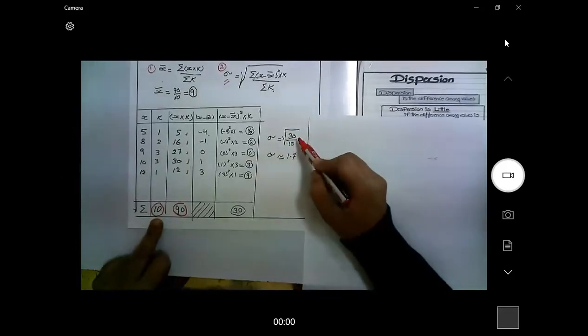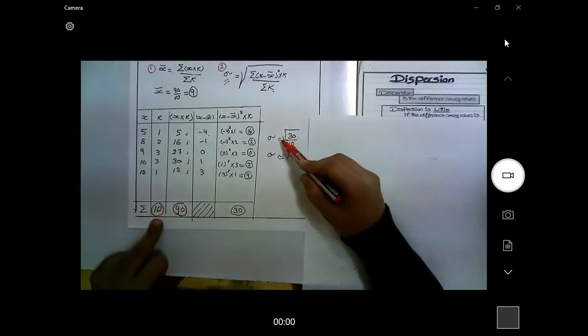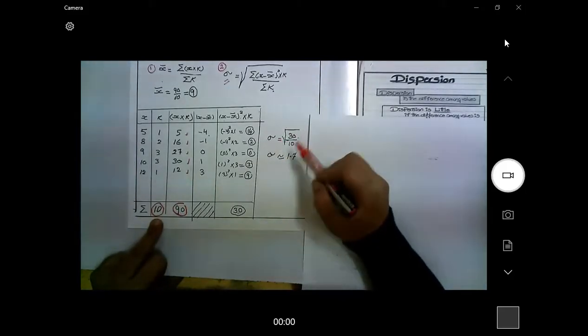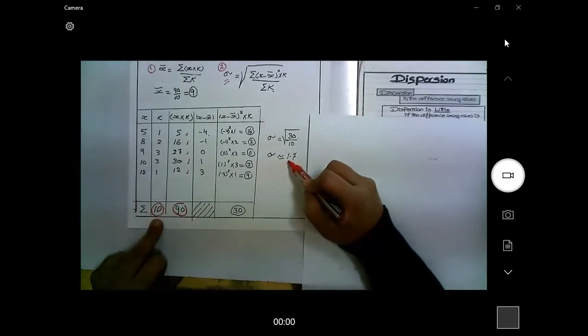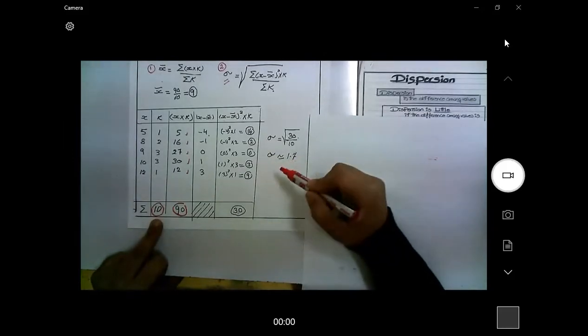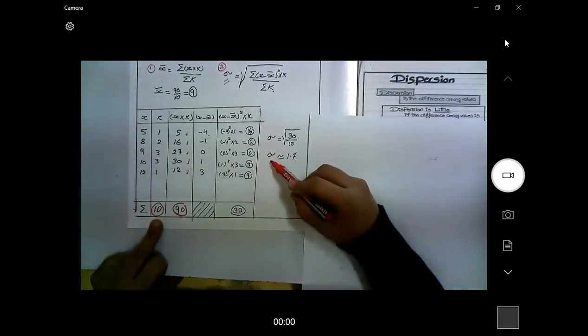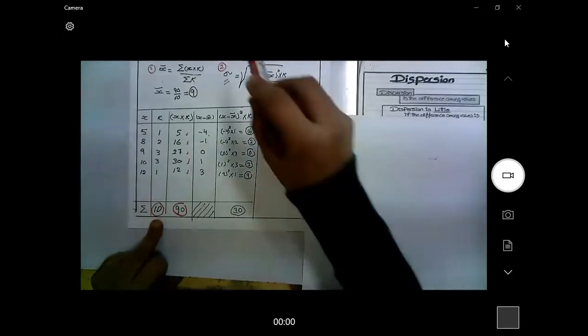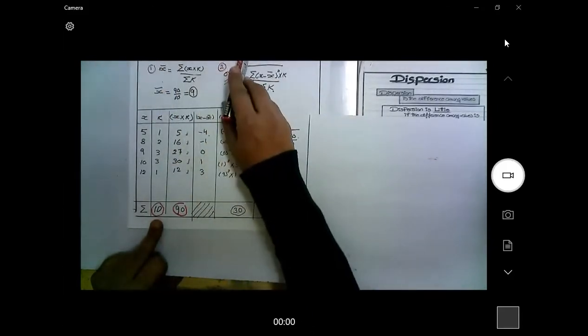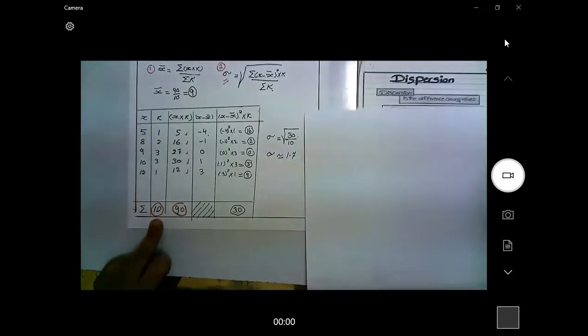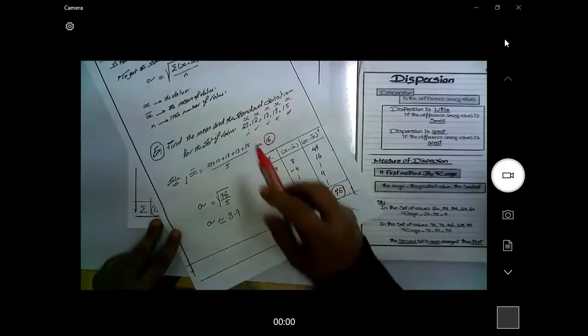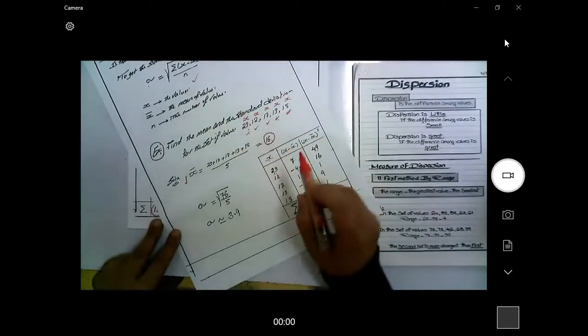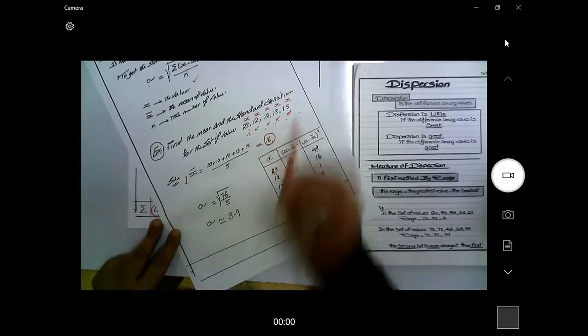Then the standard deviation equals root 3. 30 divided by 10 equals 3. The square root of 3 is approximately 1.7. This is the standard deviation for frequency distribution, and this is the standard deviation for a set of values like this.